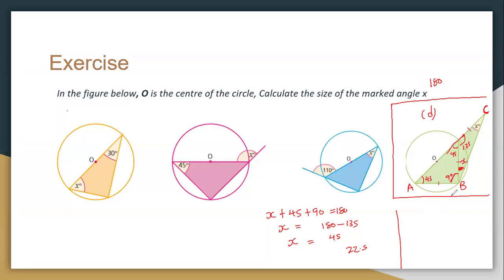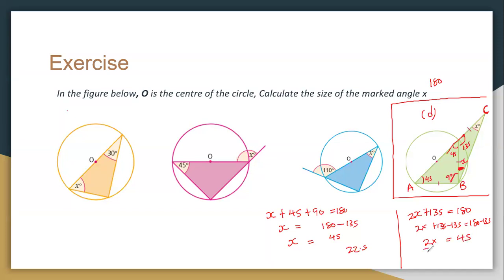So you name the other side x, and then we calculate 2x plus 135 degrees is equal to 180 degrees. 2x plus 135 minus 135 is equal to 180 minus 135, which gives you 2x as 45.